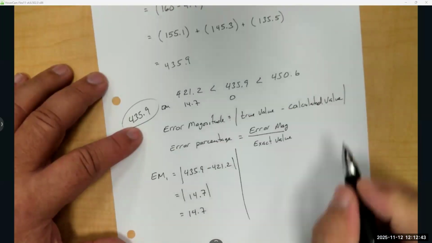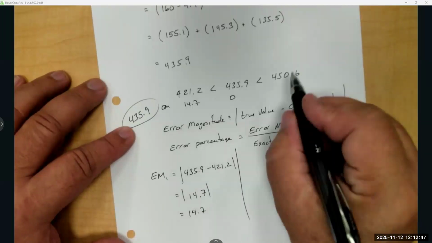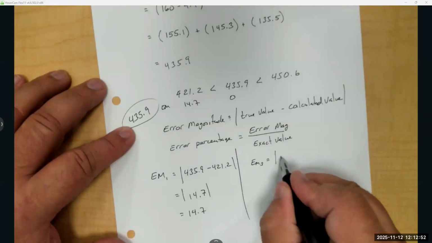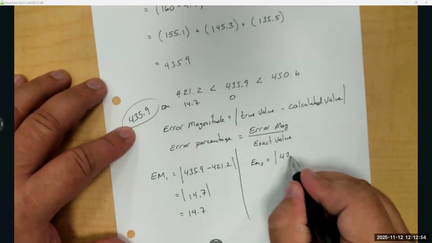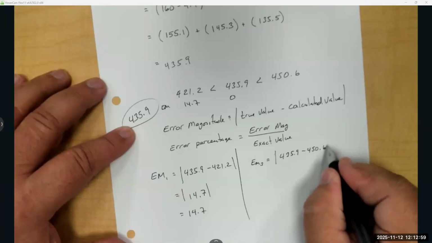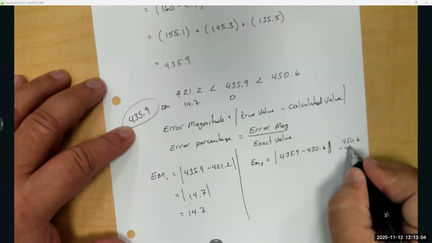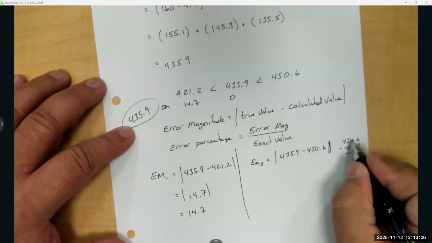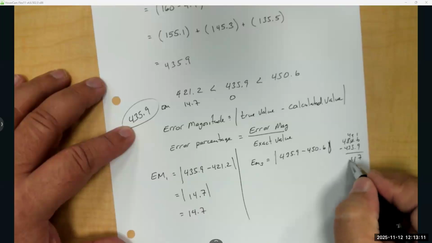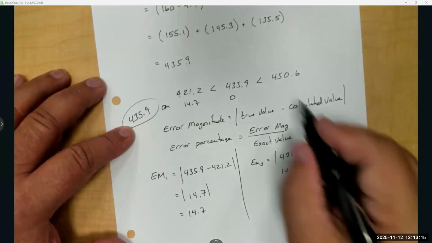And the second one, it's 0 because it's exact, 435.9. And the last one is 435.9 minus 450.6, or 450.6 minus 435.9. That's 14.7 the other way.